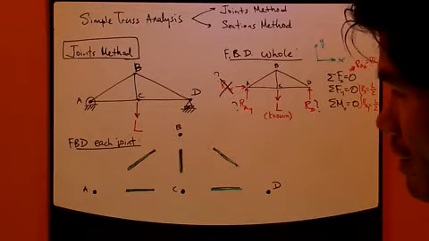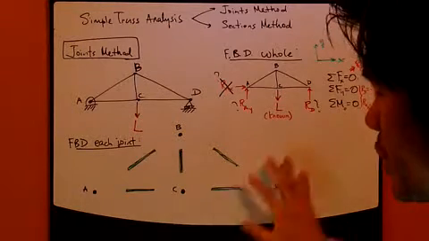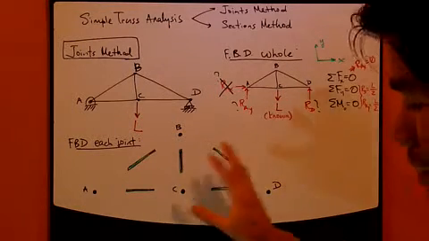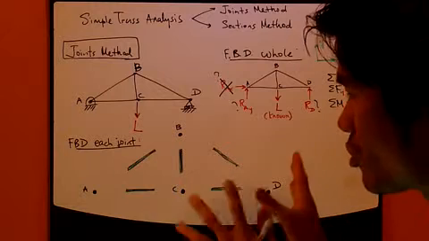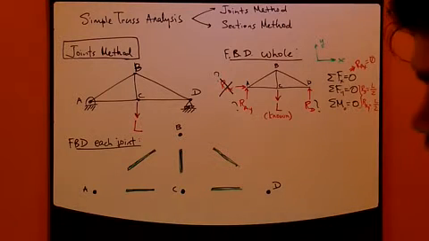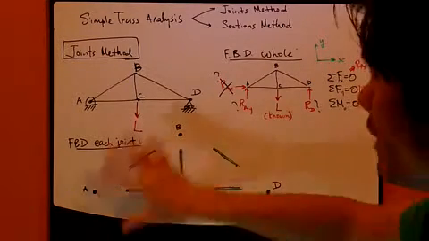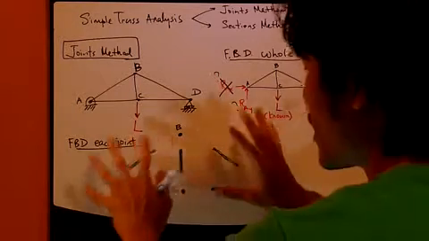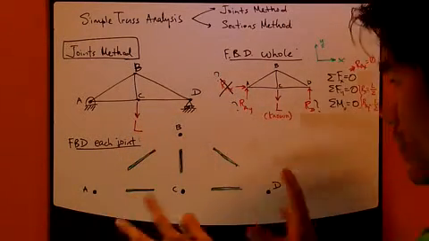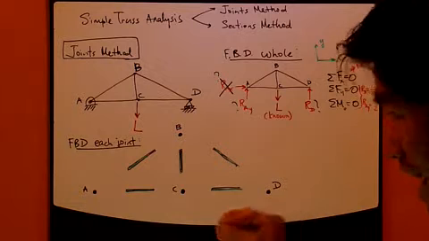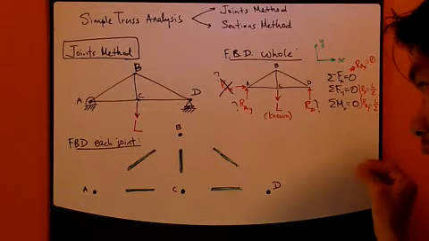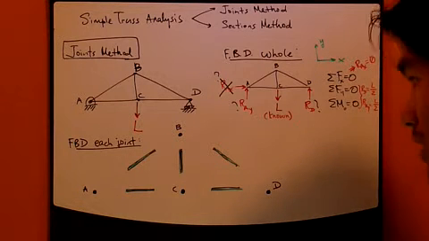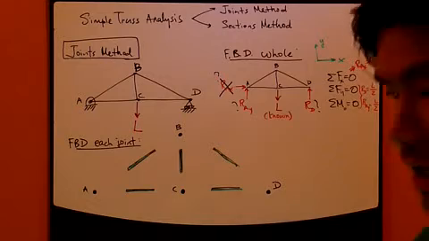I have this picture set up right here just to help you visualize the whole analysis procedure. So I'm going to draw everything here all in one first, and then I'm going to draw the free body diagram for each joint individually.